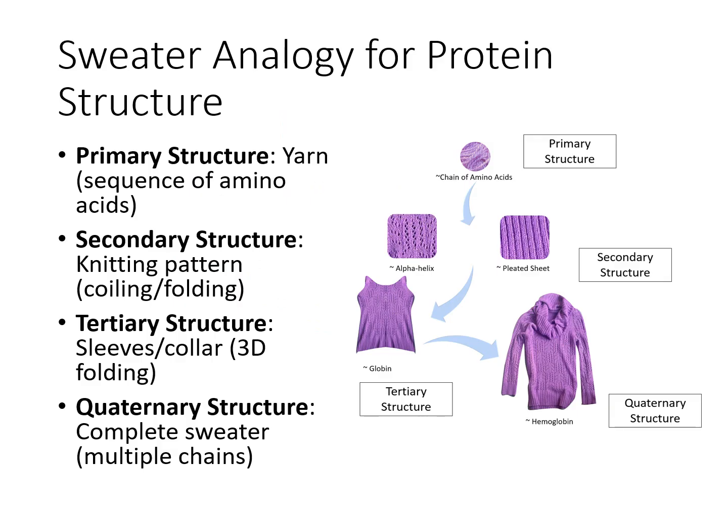A sweater analogy can help us understand the 4 levels of protein structure. The primary structure is like the yarn itself, a continuous thread representing the sequence of amino acids. The secondary structure is the knitting pattern, local coils and folds, like alpha helices and beta sheets, that begin shaping the fabric.